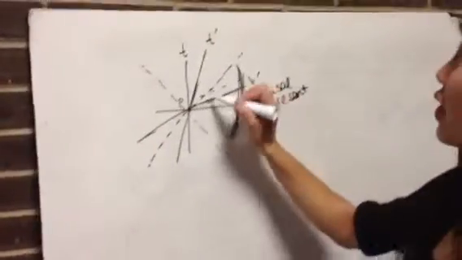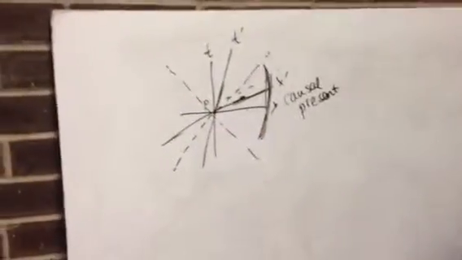If R was here, it'd be at a different place in space than P, but it would be at the same time as P.